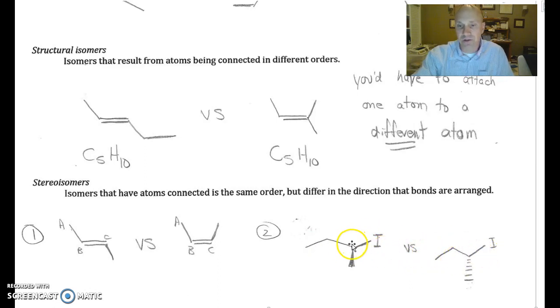These would be considered what are called optical isomers. The difference is that it's not what is connected to what atom. It's the direction that things come from that atom. Here, to turn this guy into this guy, basically the carbon here and the hydrogen going back would have to switch places.